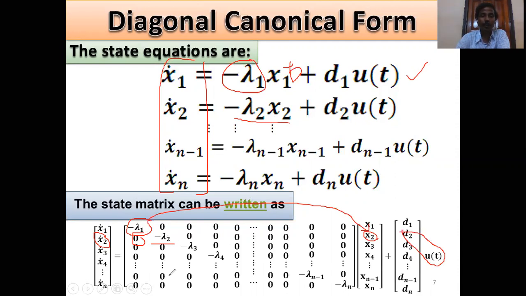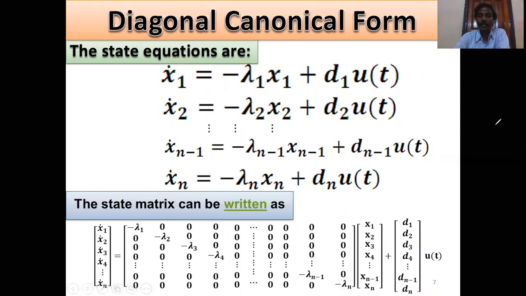Similarly, xn dot equals minus lambda n into xn plus dn into u(t). So from the state equations, we can easily calculate the state matrix.